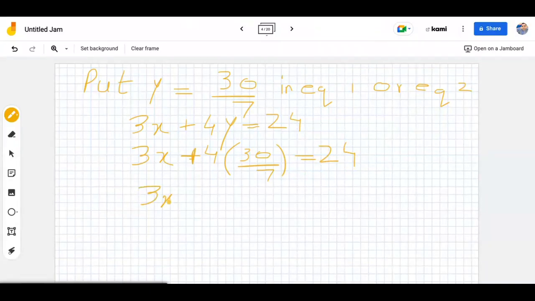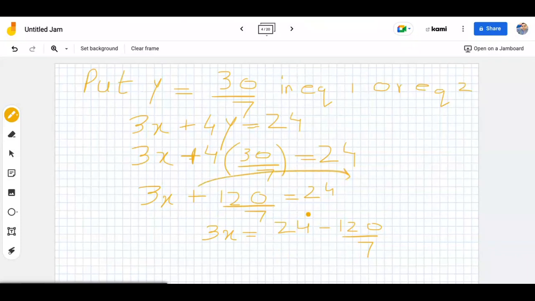In the next step, we can multiply 4 with 30, which will become 120 by 7, equal to 24. In the next step, we can shift 120 by 7 to the other side, so 3x equals 24 minus 120 by 7. This moves to the other side and becomes minus.